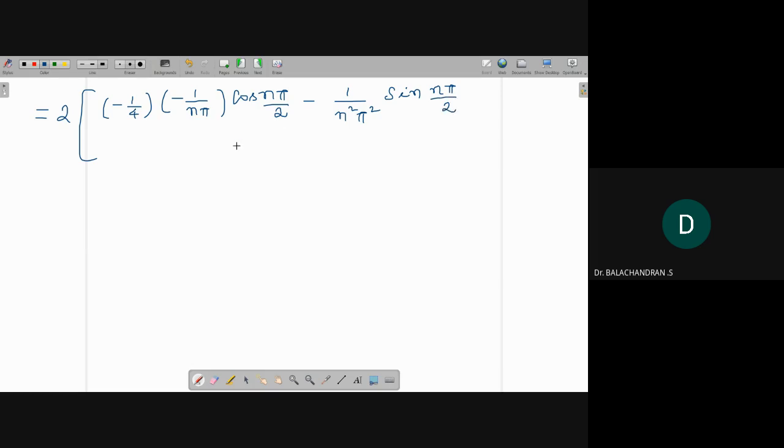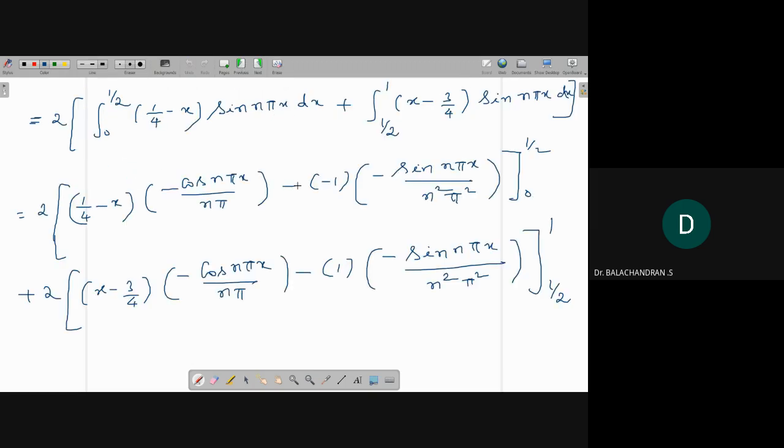So this is actually the upper limit. Minus the lower limit is when x is equal to 0, you have minus, okay, keep minus here.